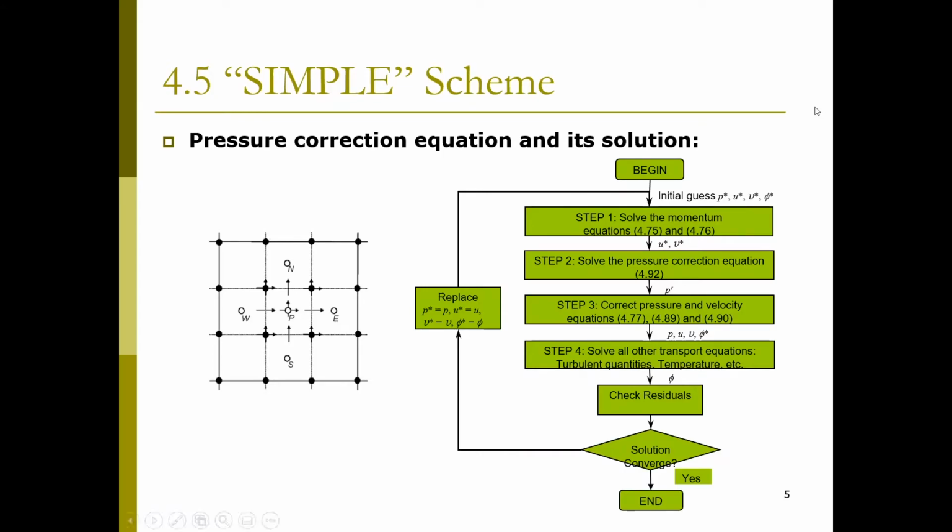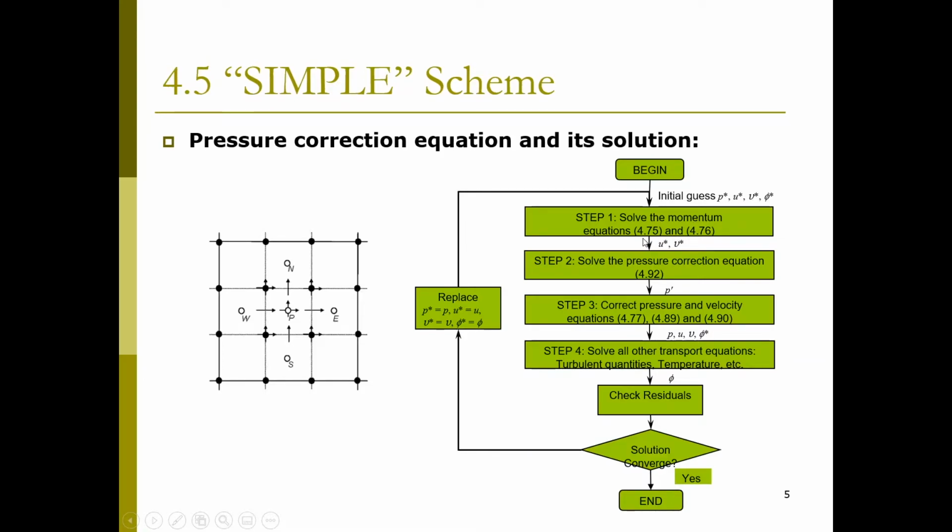Okay, this shows the flowchart of how the SIMPLE scheme actually works. So you start with begin, and firstly, we are going to guess the initial values for pressure, velocity, U, V, and any other properties like temperature and the turbulent quantities. And then we use them to solve the momentum equations.